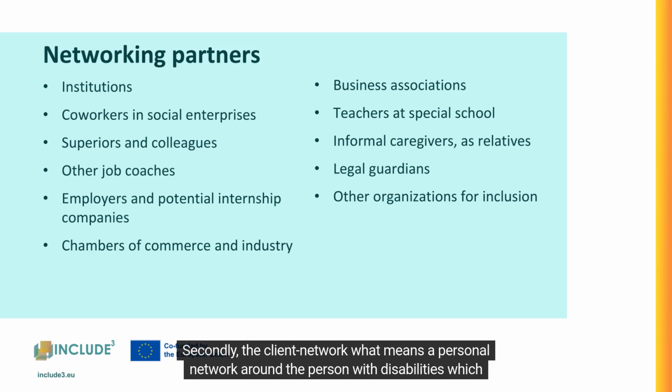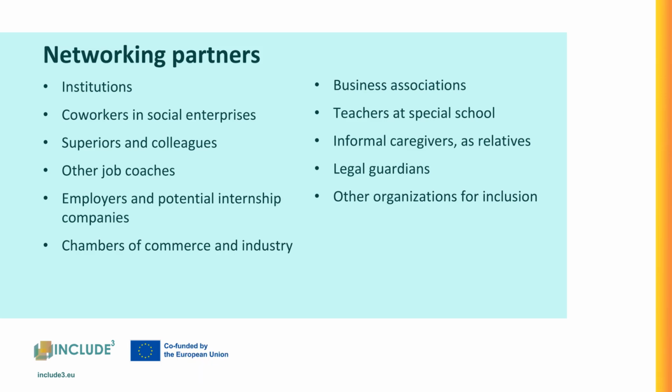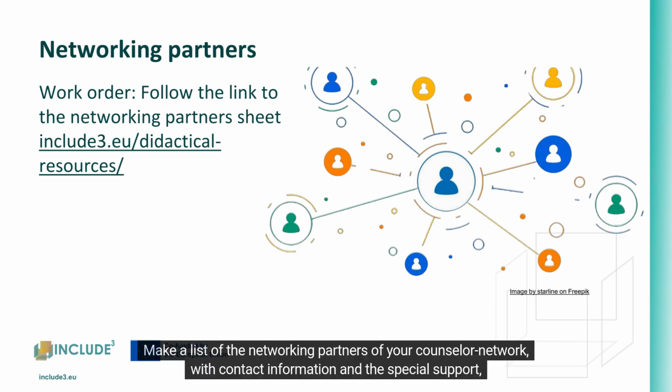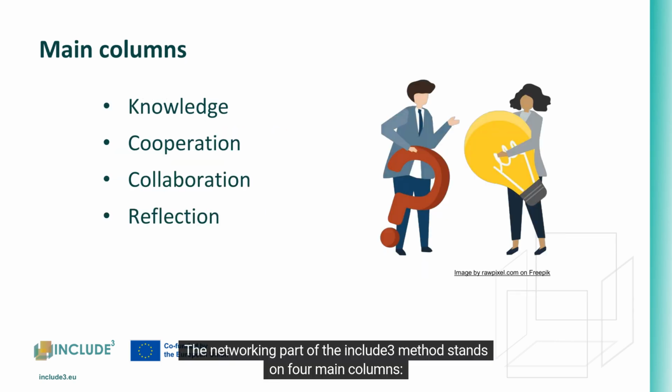That means a personal network around the person with disabilities, which can consist of family, teacher, or medical support, and so on. Make a list of the networking partners of your counselor network with contact information and the special support the partners can deliver.